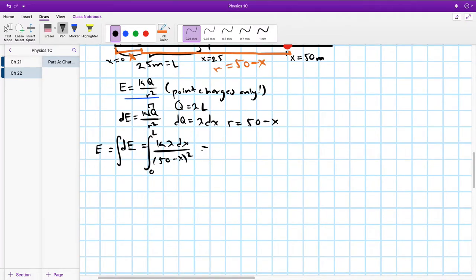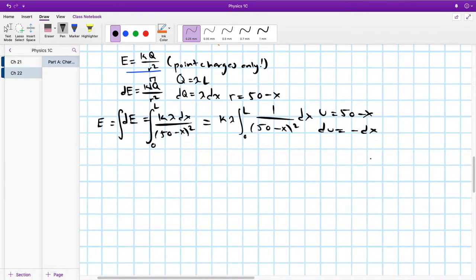So doing this integral is pretty simple. We can take all the constants out, and it just becomes a 1 over (50 minus x) squared dx. It's just a simple u sub with u equals 50 minus x. du is going to be negative dx, and our upper limit becomes 50 minus L, and our lower limit becomes just 50.